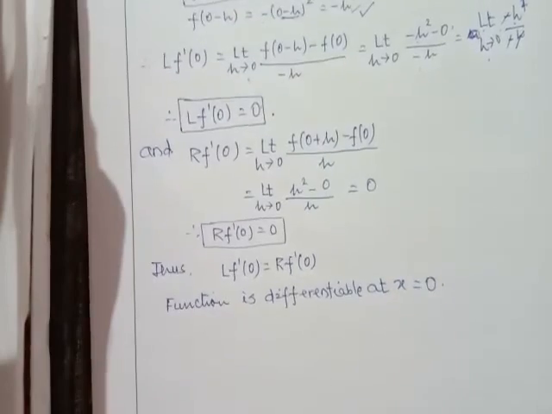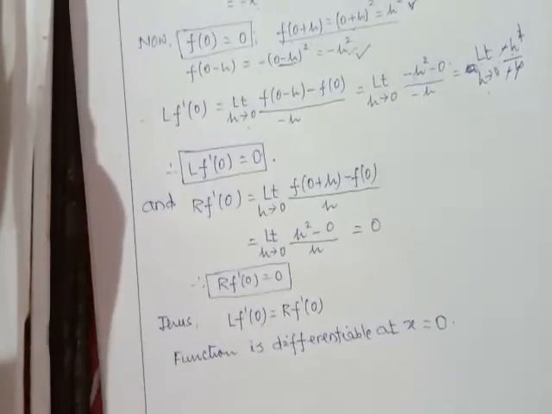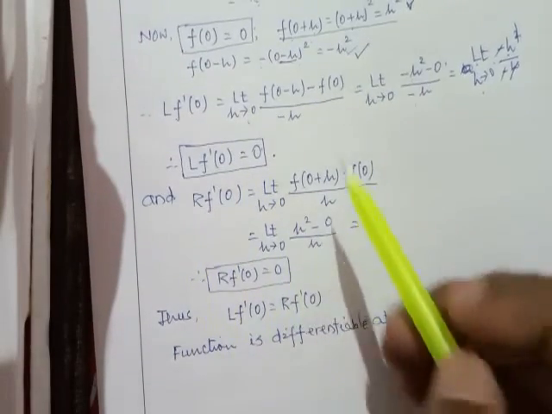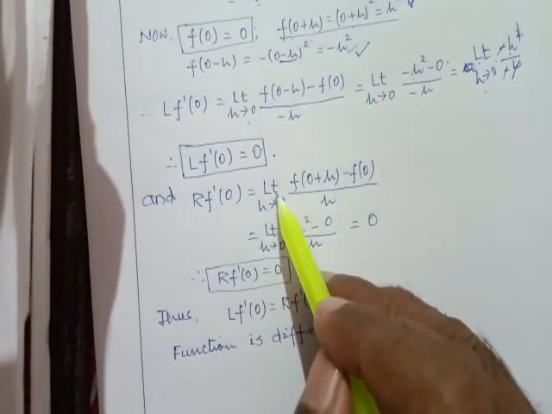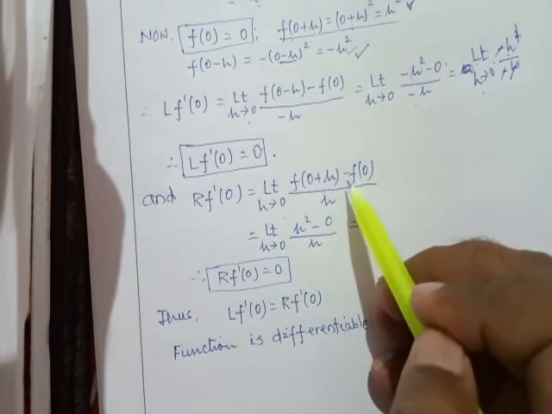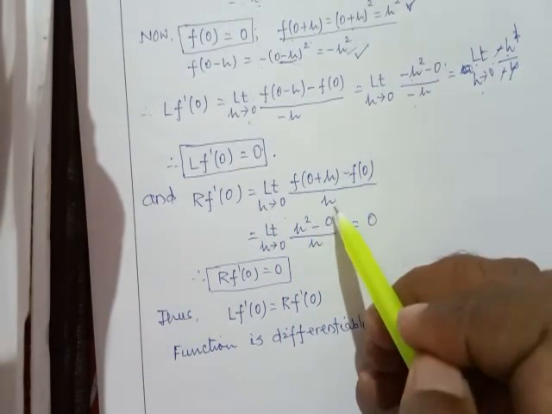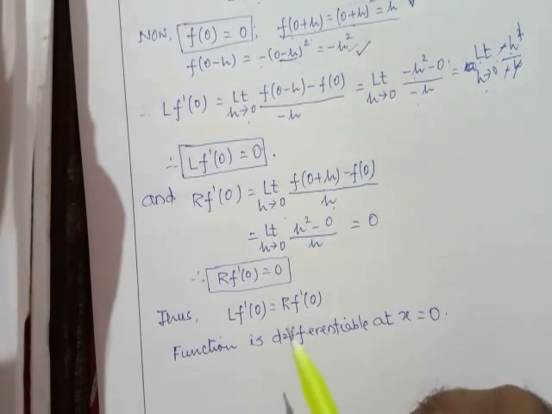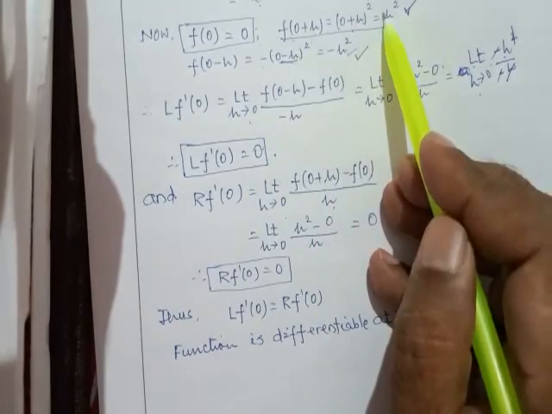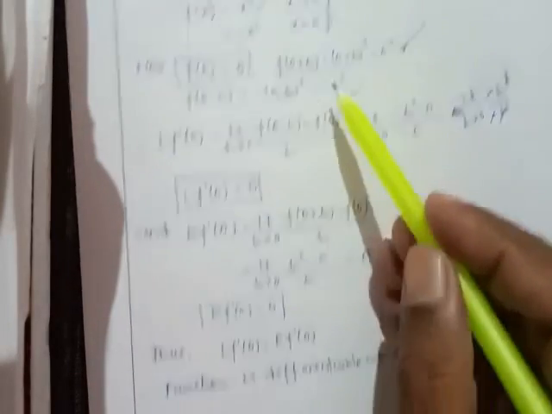Further calculate right hand derivative. Left hand derivative is 0. Right hand derivative: write down the formula first. Limit h tending to 0, f(0+h) minus f(0) upon h. You have obtained f(0+h), that is h square.